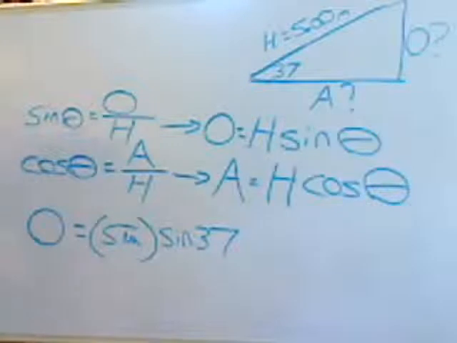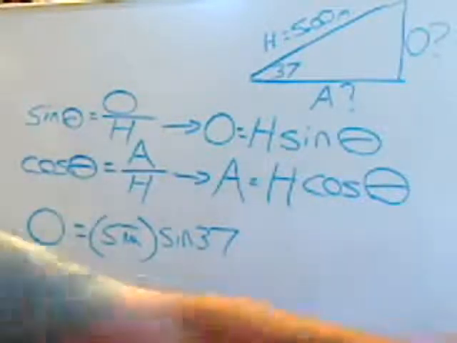But you have to make sure that it's in degree mode. There are two modes on most calculators, degree mode and radian mode. Okay, we'll deal with radians a little bit later on this semester, but for now, you really want to have your calculator set to degree mode all the time.